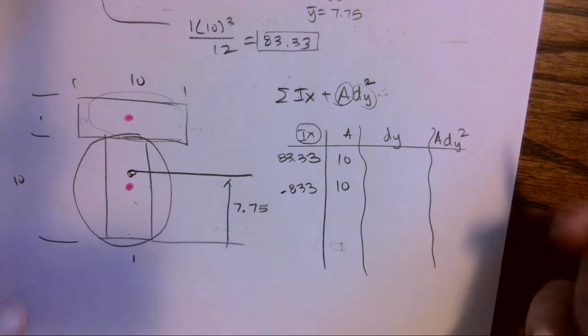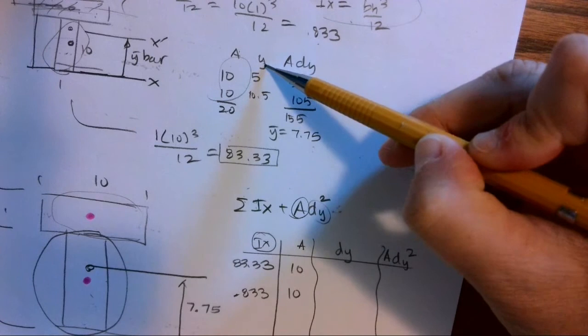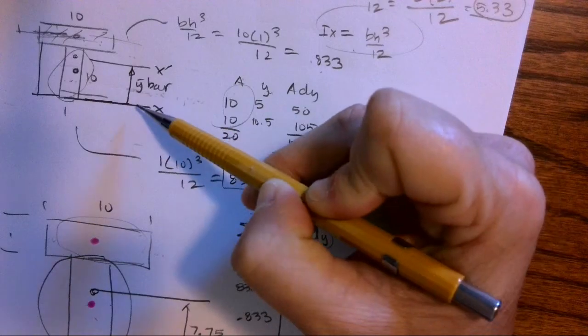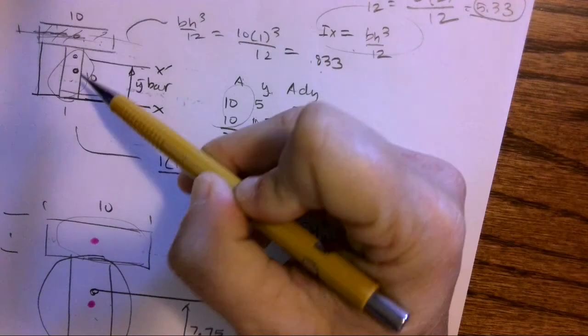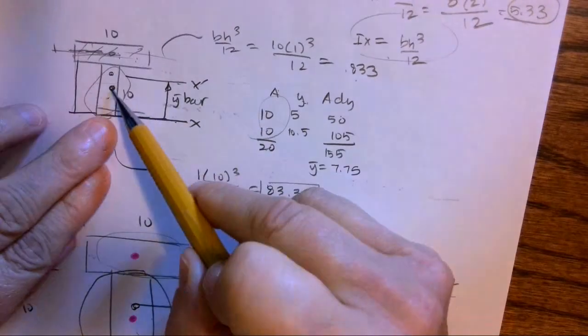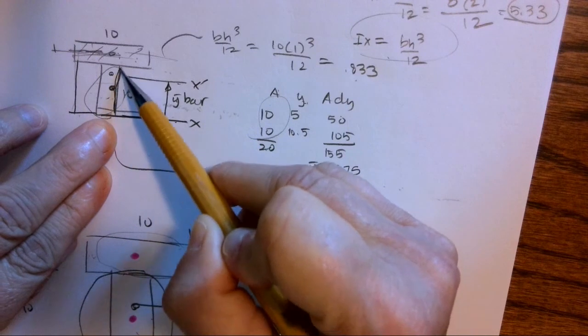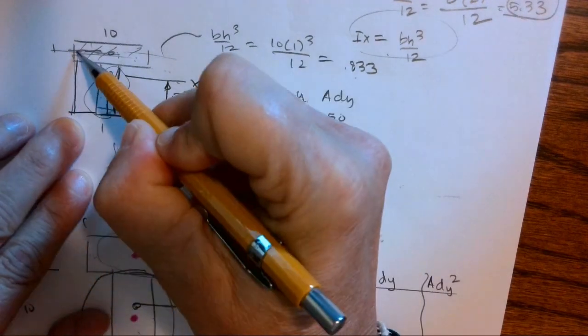Now, this y, when I'm finding the centroid, is going from my global axis to the local axis of each individual piece. Okay, if this is 10 inches, then it's 5 inches from global to the centroid. It's 10 plus 0.5 inches to the centroid.